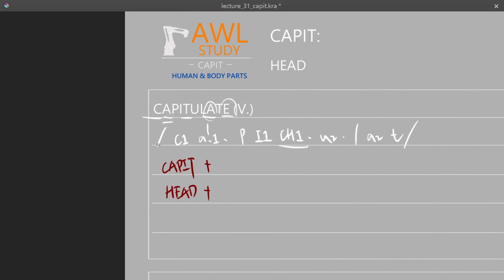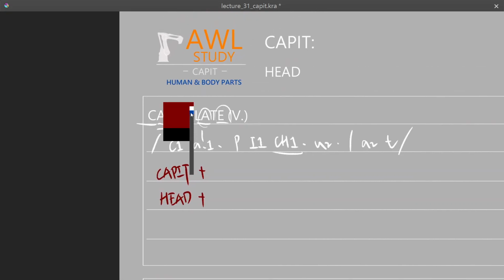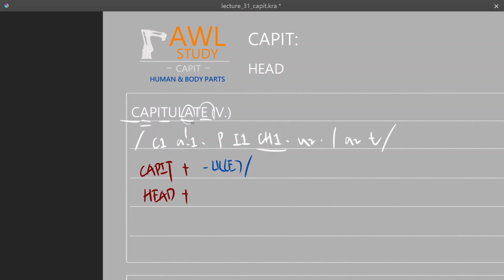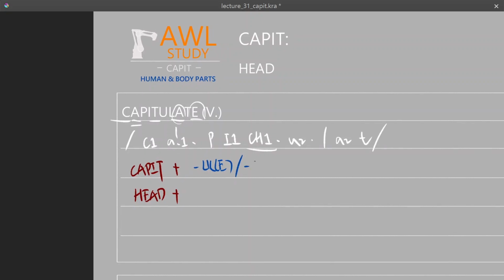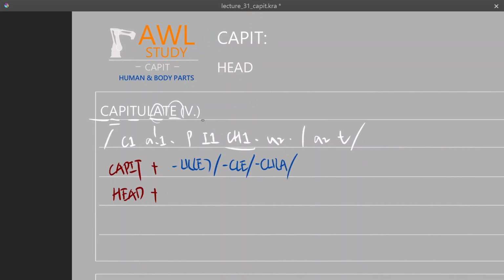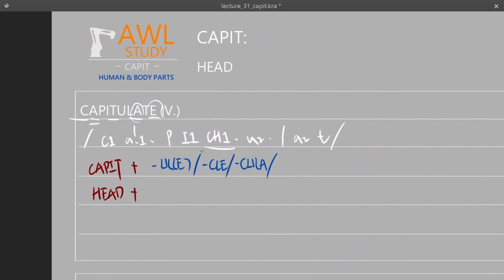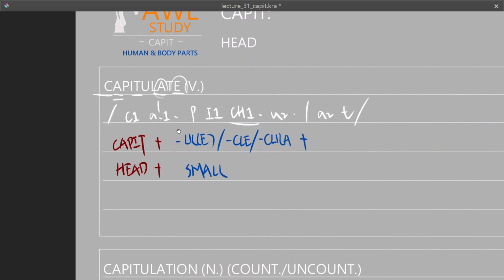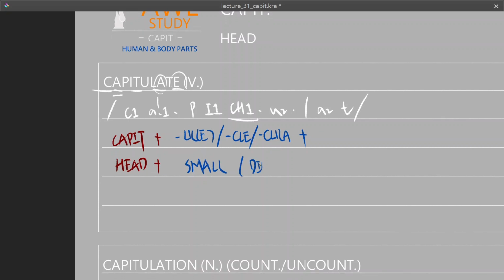And we have ULE, or CULE, or CULA, meaning small, as a diminutive noun suffix. Diminutive means something that's small.